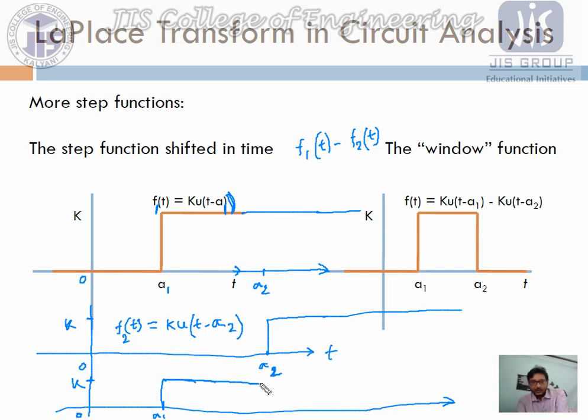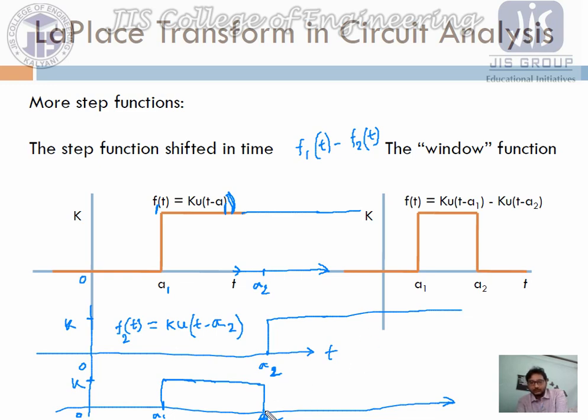Now at this a2 time, what happened? Here the value is k, and at a2 time the other value is also k. If we subtract k minus k, then it will be 0. So at a2 time the function value goes to 0, and after a2, the first function has the value k and the second function also has the value k, continuing throughout the time.